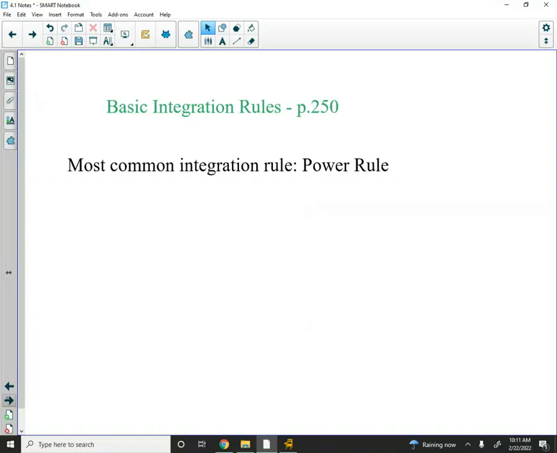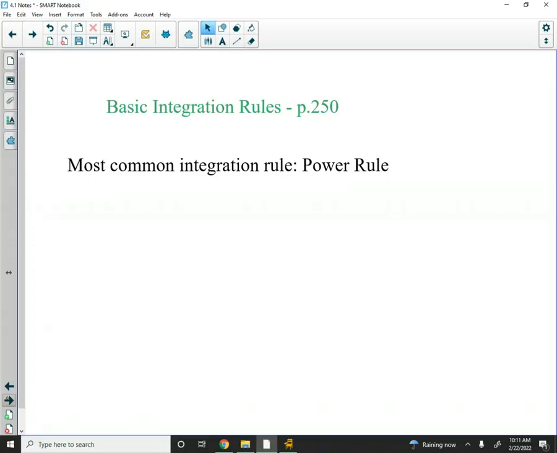If you remember when you derived, do you remember how I taught you the long way to derive, that limit as delta x approaches 0, and then five days later I taught you the shortcut? That shortcut was the power rule. Well, it's going to go right into the shortcut power rule for integration.